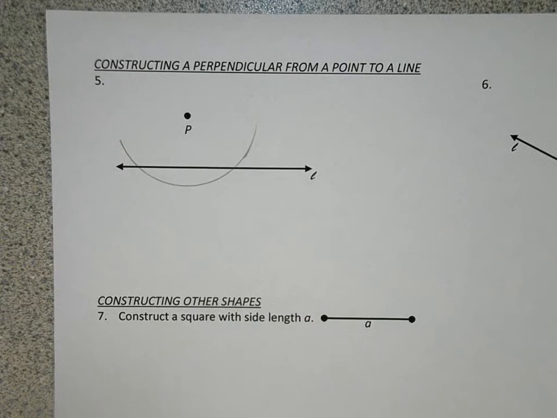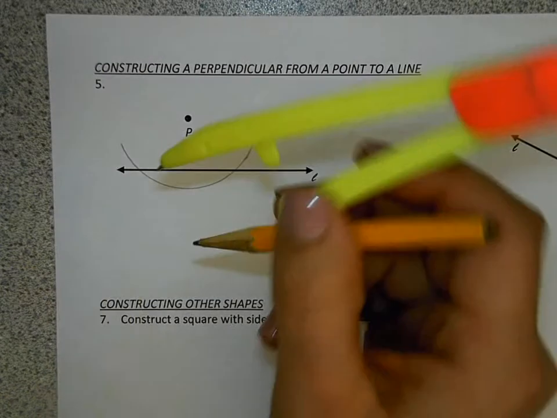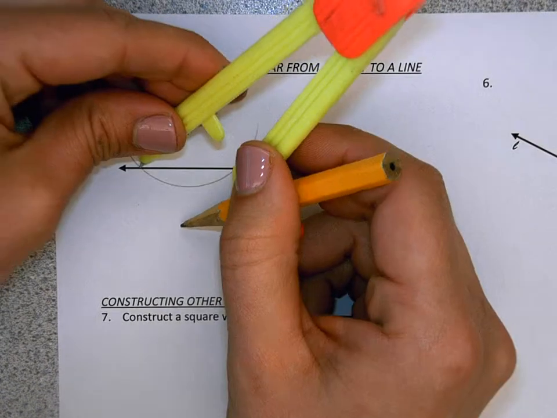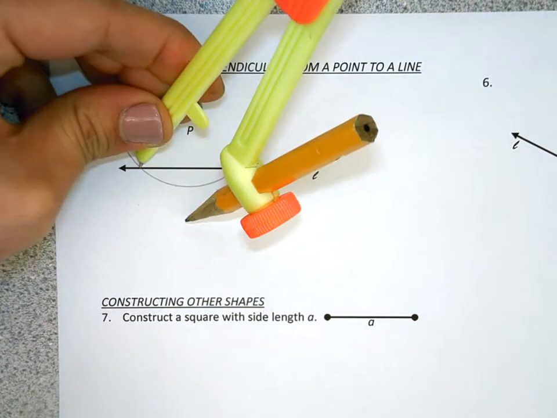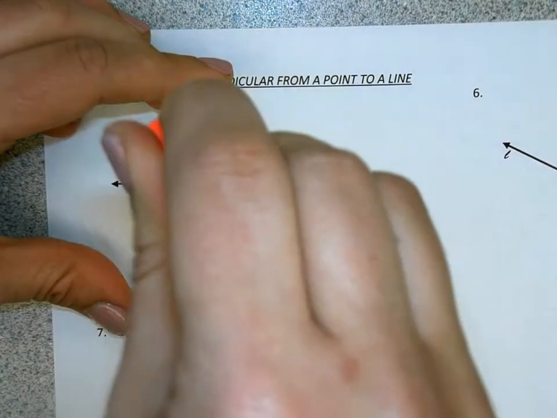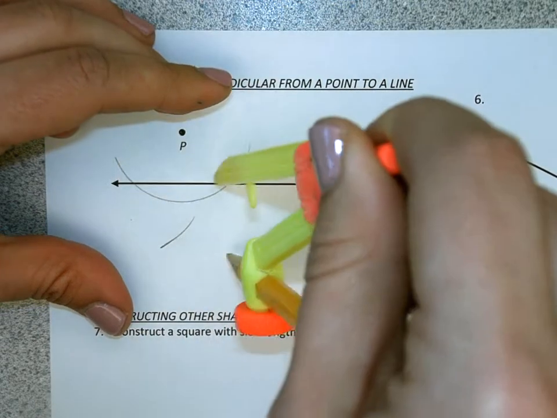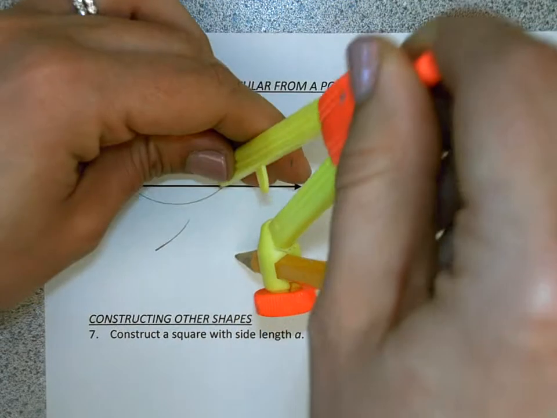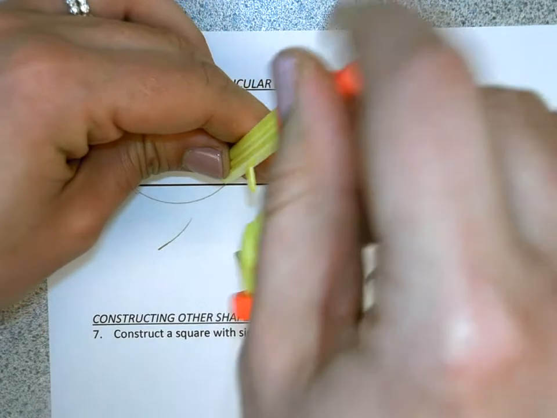And then using whatever compass setting you want, put your compass on one of the intersection points, draw a little arc, and then slide it over to the other intersection point and do another arc, and they should intersect.